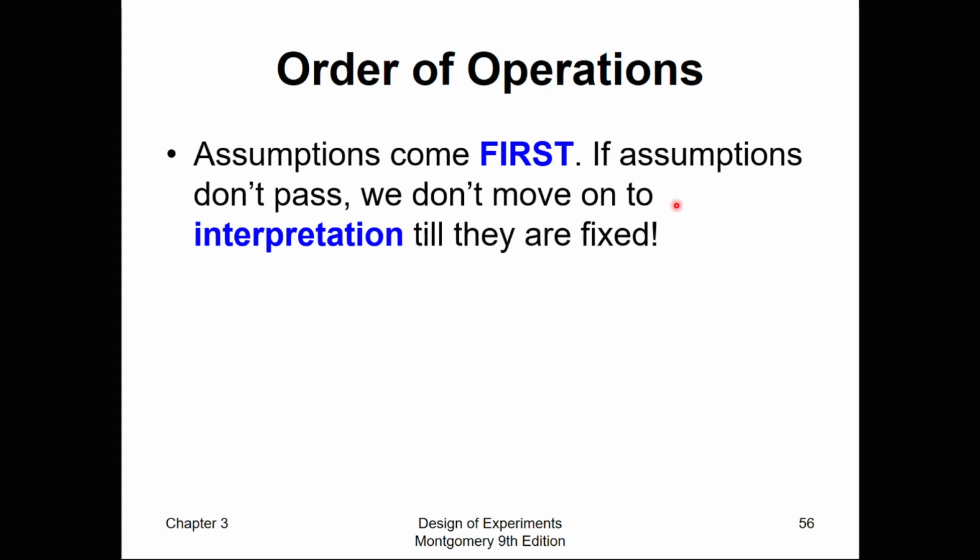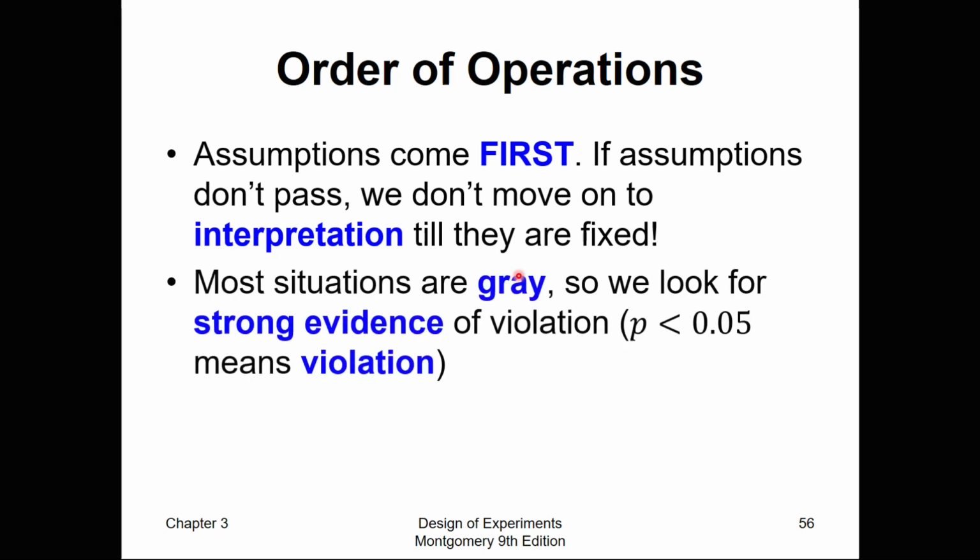So it's not particularly complicated if the assumption doesn't pass. Just have to make a slight change. Sometimes it can be a little more complicated. But of course, often with things like normality, it's not particularly complicated to fix. The trick is that you have to fix it. So don't move on to interpretation until they're fixed.